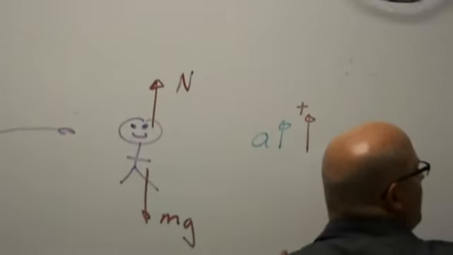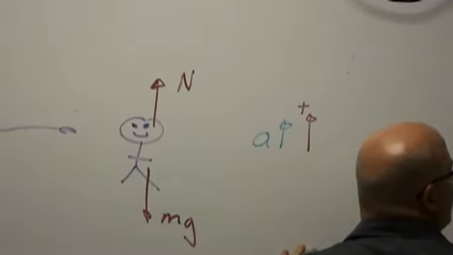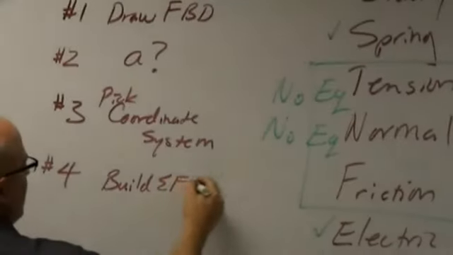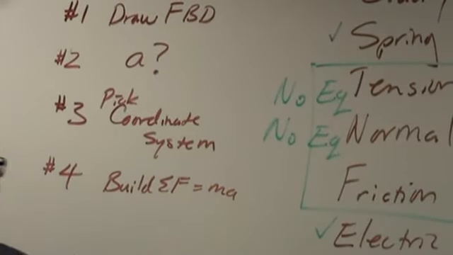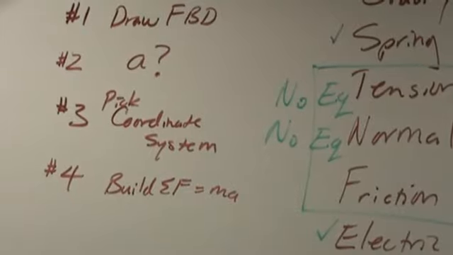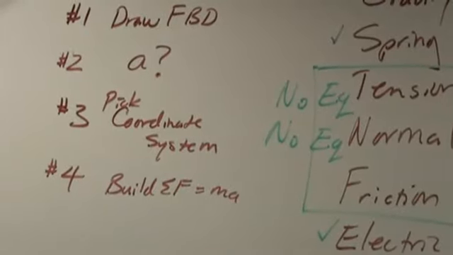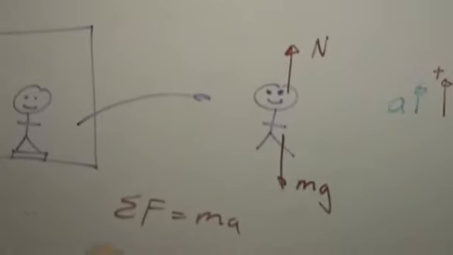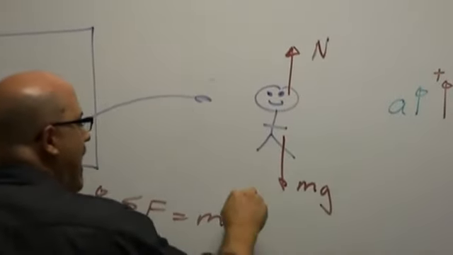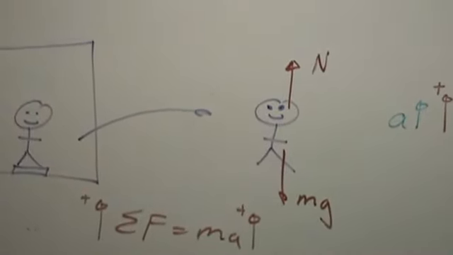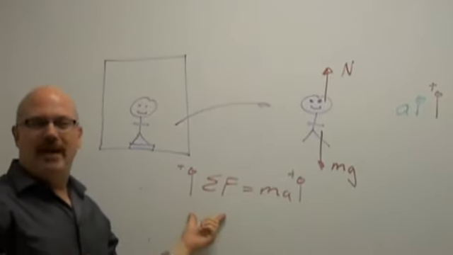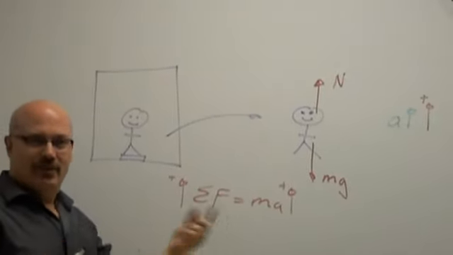Now, and only now, you build F equals MA. F equals MA for our coordinate system of up being positive. All right, what goes here? How many up and down forces do we have?